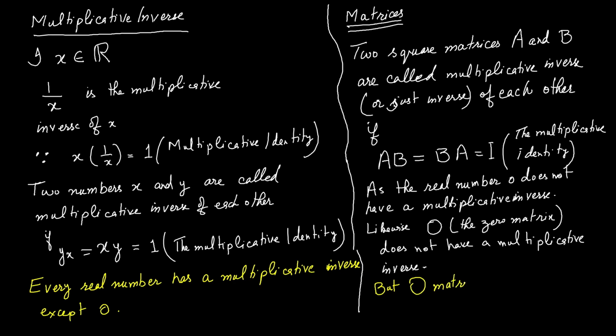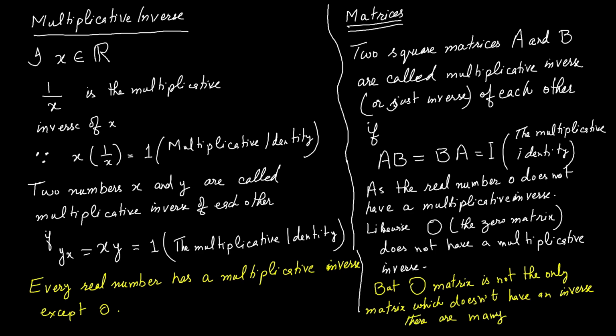But the 0 matrix is not the only matrix which does not have an inverse. For the set of real numbers, only the real number 0 does not have an inverse. But for the set of matrices, there are many matrices for which the multiplicative inverse does not exist.